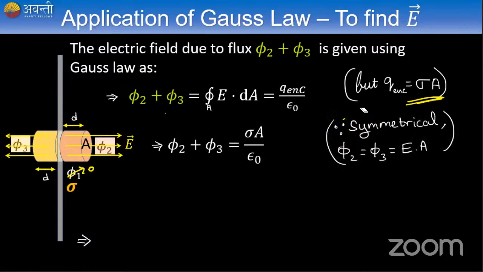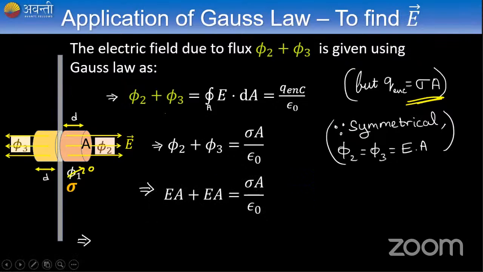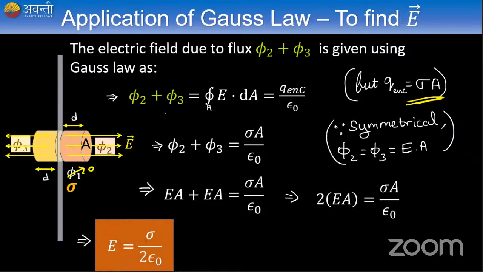Since symmetry, I get the value of sigma 2 and sigma 3 as E dot A. Then we can write EA plus EA is equal to sigma A by epsilon naught. Then if I simplify, 2EA is equal to sigma A by epsilon naught. From here I get electric field E is equal to sigma by 2 epsilon naught.